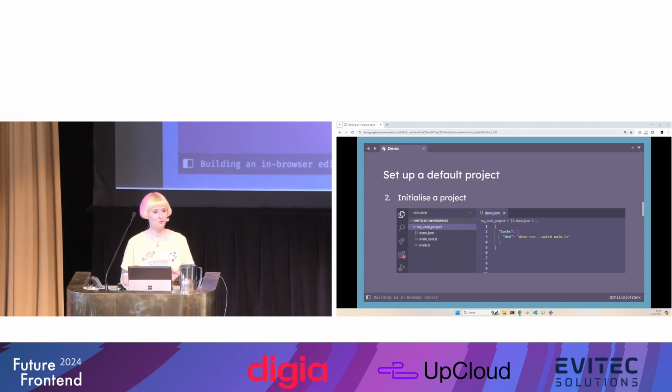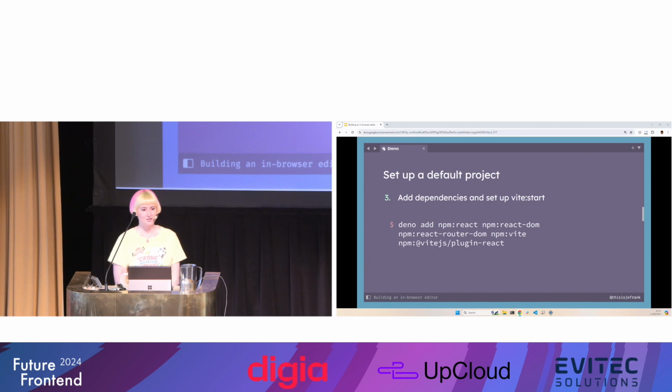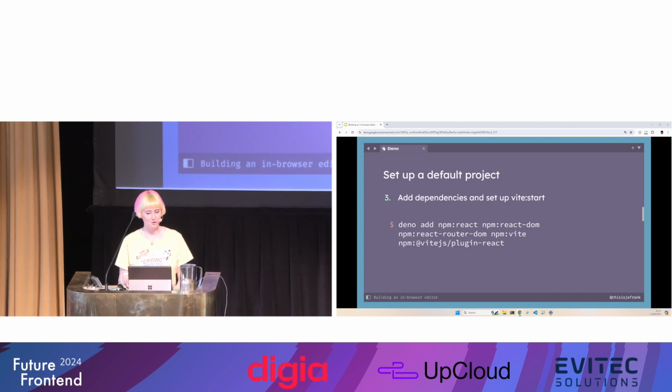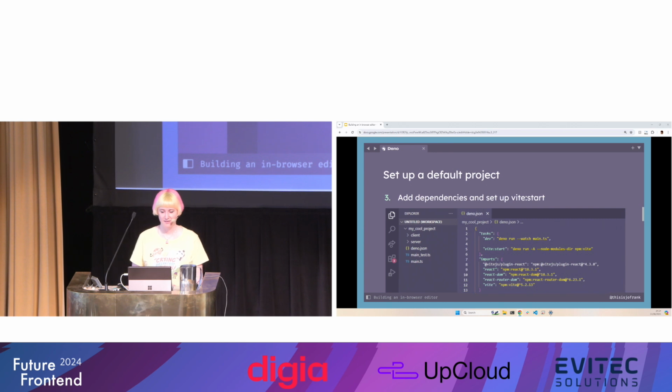Now we're going to configure our repository to use Vite and do some actual web dev. So like I said, we're going to use Vite, we're going to use React, so we're going to install those dependencies, and we do that with the deno add command, and then we're going to also edit our deno.json file and add a task called vite start.